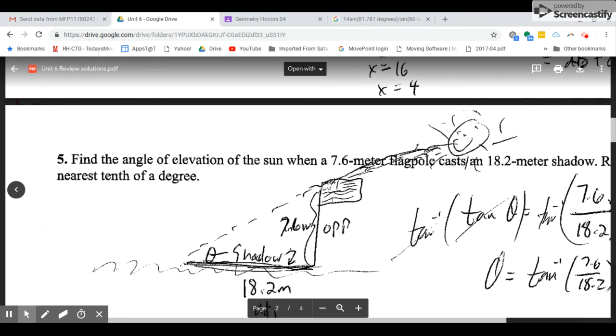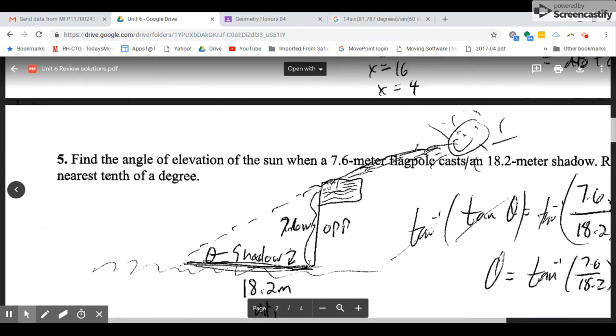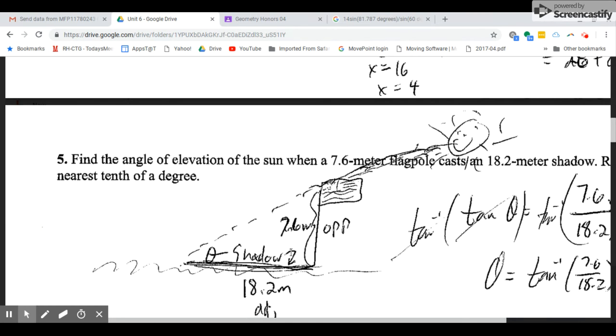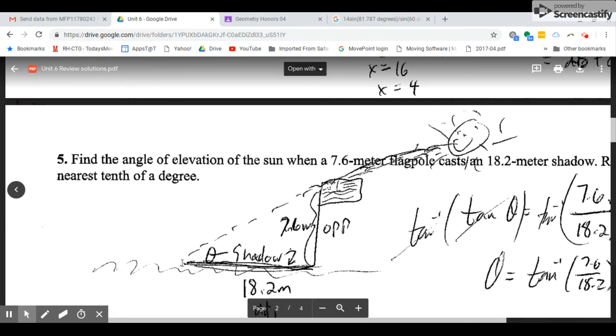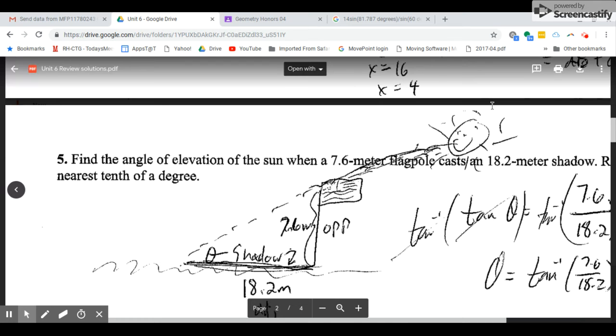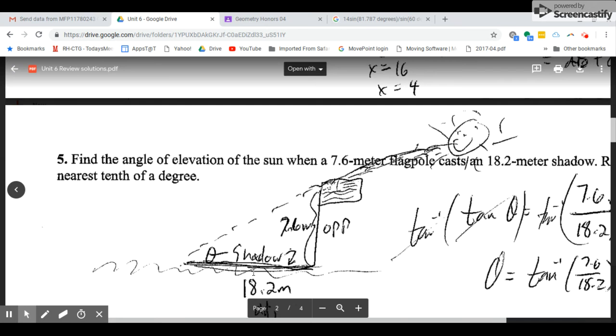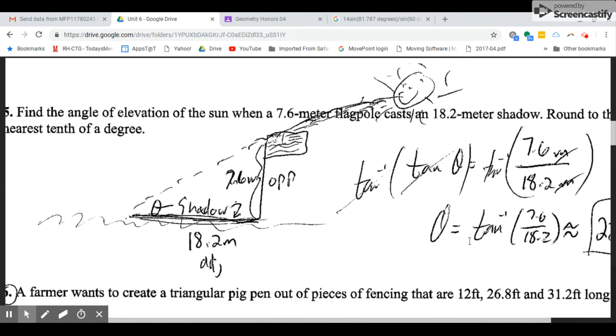Because of the sun shining down on it, the flagpole in this one little area of the ground makes a line that looks like the pole is lying down on the ground, but it's projected onto the ground by the sun with its shadow. So the projection of this onto the ground is 18.2. That's its shadow. If you notice, the rays coming like this, this is the angle of elevation. And you've got the opposite and adjacent sides involved here. So to find the angle, you're just going to use tangent.